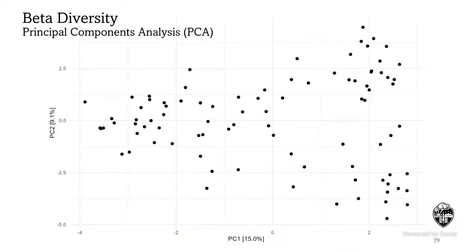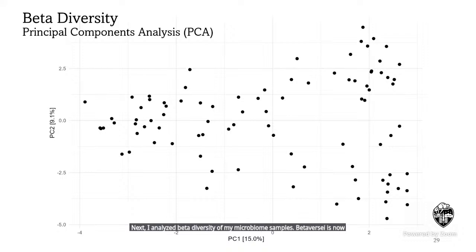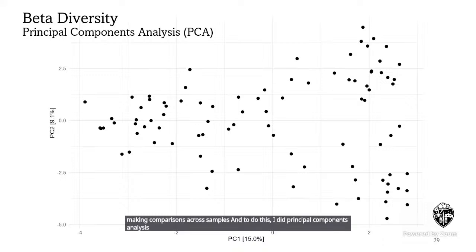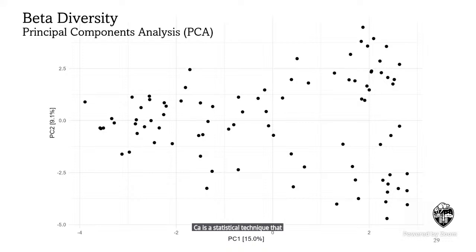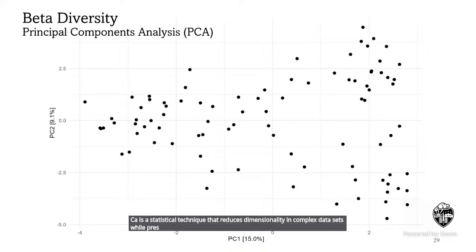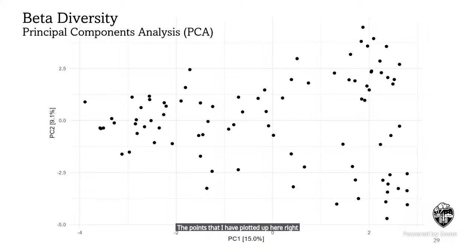Next, I analyzed beta diversity of my microbiome samples. Beta diversity is now making comparisons across samples. Okay, and to do this, I did principal components analysis, or PCA. PCA is a statistical technique that reduces dimensionality in complex data sets while preserving as much variability in the data as possible. The points that I have plotted up here right now are all of my water and my hemolymph samples.